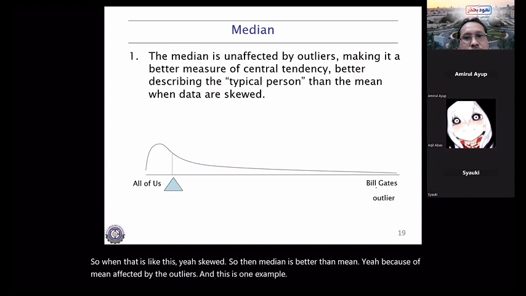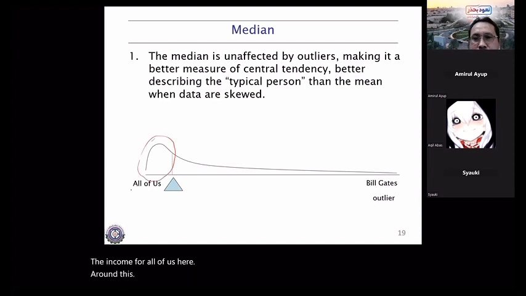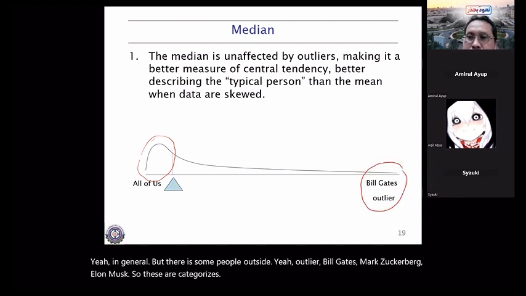This is one example: the income for all of us here in general, but there are some people outside, outliers, Bill Gates, Mark Zuckerberg, Elon Musk. These are categorized as outliers.